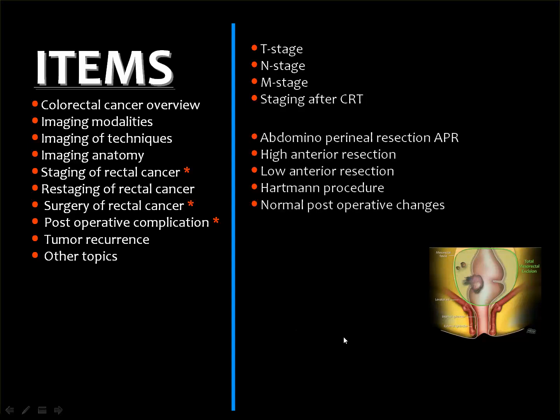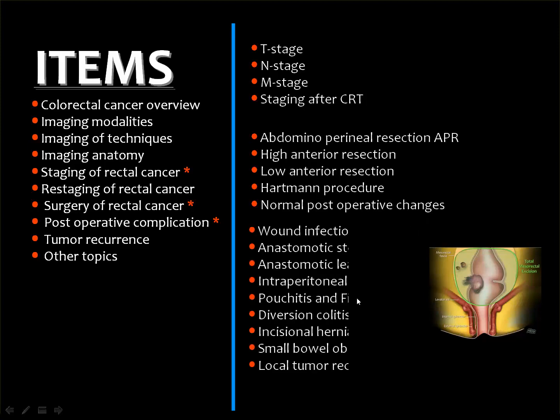Then these are the surgical procedures: the abdominoperineal resection, which is an old procedure now replaced by the anterior resection, either high or low. I will mention the indications. Then the Hartmann procedure. Then we'll show the normal postoperative changes.